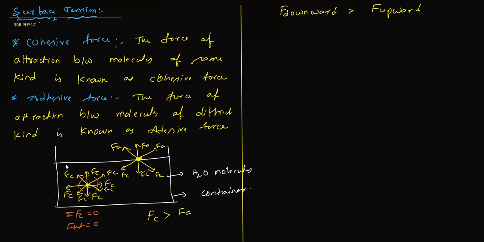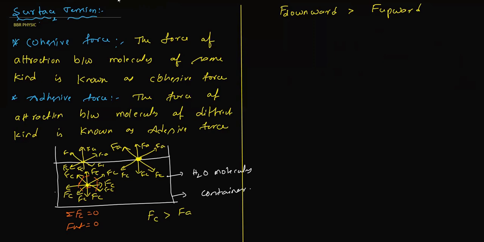As a result, the downward forces acting are more and the upward forces are less. Here also like this it will come: Fc, Fc, Fc, and here Fa, Fa, Fa. All the downward forces will be more, upward forces will be less.